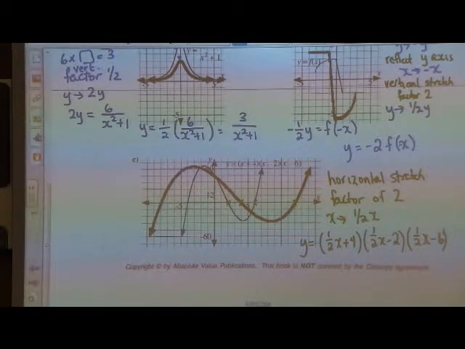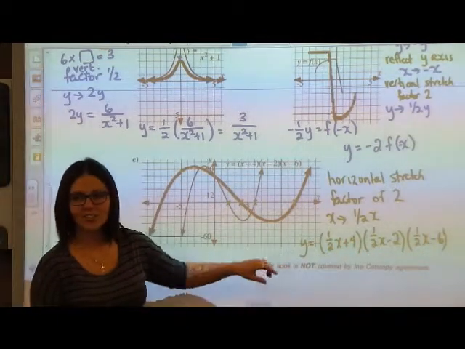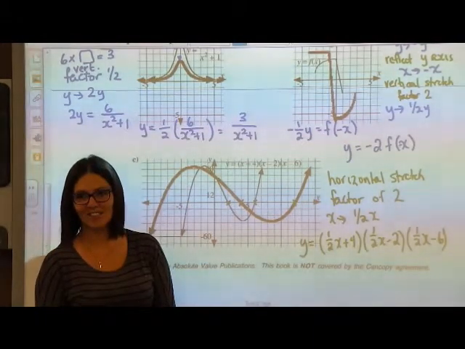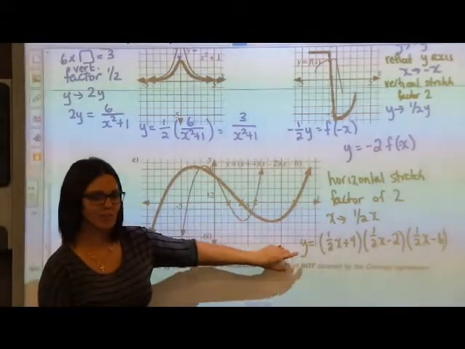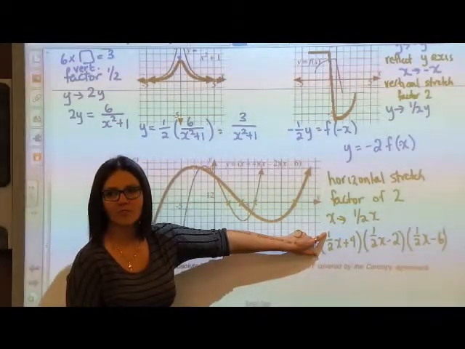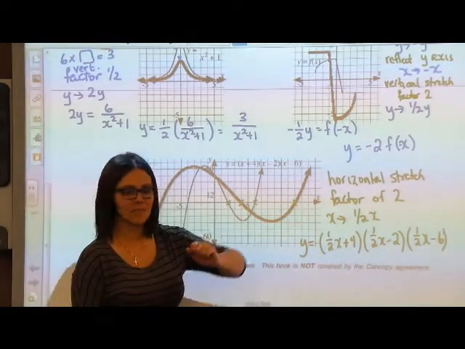We don't leave equations with these fractions in them. Whenever we write an equation in factors, our coefficients should always be whole numbers. So if I pulled this 1/2 out, if I divided 1/2 x by 1/2, what's 4 divided by 1/2? 8.